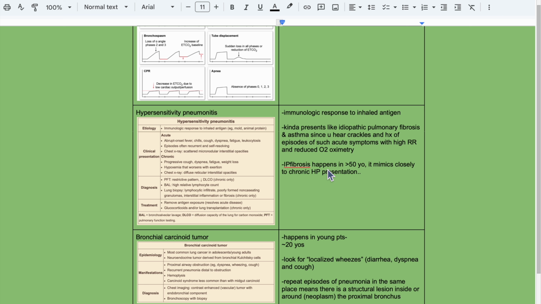Idiopathic pulmonary fibrosis happens in people more than 50 years of age, and it closely mimics the chronic hypersensitivity pneumonitis presentation as well.